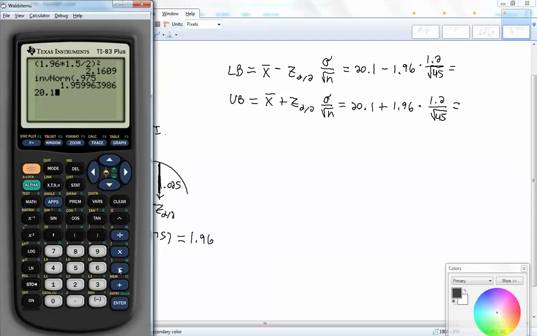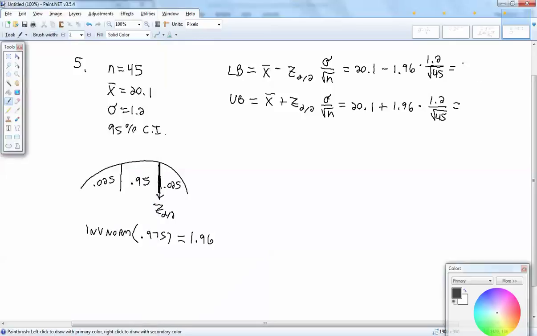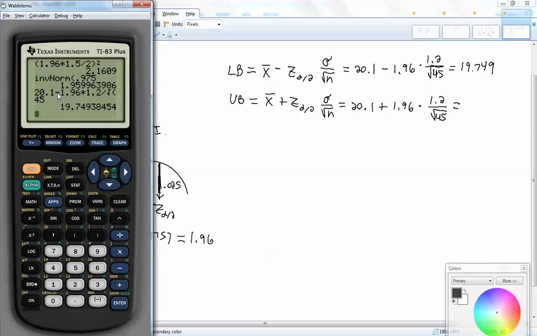20.1 minus 1.96 times 1.2 divided by square root of 45. Enter, and we get 19.749. Now we want to do the other one, which is exactly the same except there's a plus there.